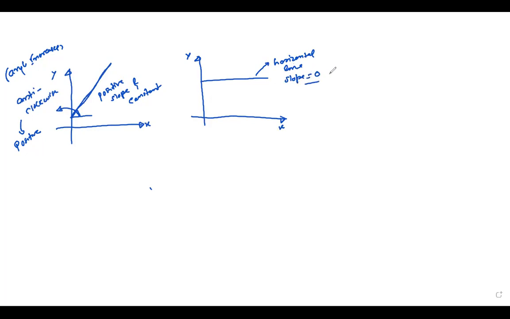Now let's draw the third graph, y and x. Suppose this is the graph. In this case, if you are measuring the angle from this side, then this will be a clockwise direction. If anti-clockwise is positive, then clockwise direction is negative.